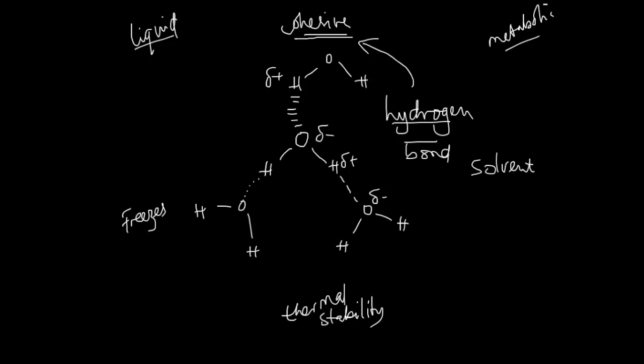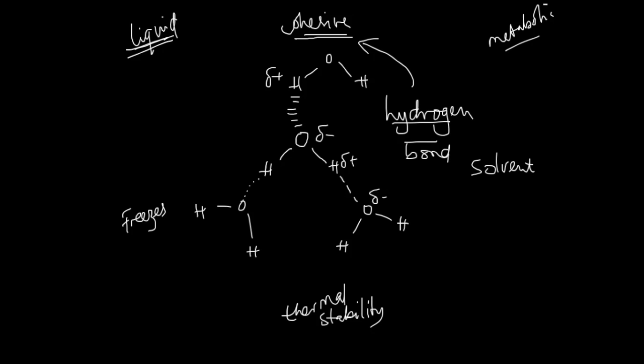Right, next, because these molecules are constantly in motion, some bonds will break and new bonds will form. So say this bond might break and new bonds might form. And if new bonds are forming and old bonds are breaking all the time and these molecules are constantly in motion, that explains why water is a liquid.